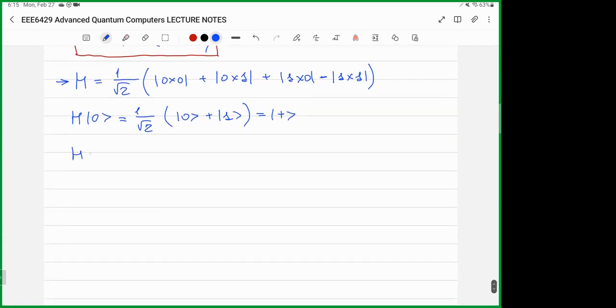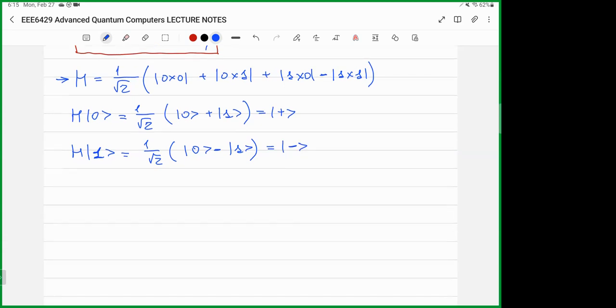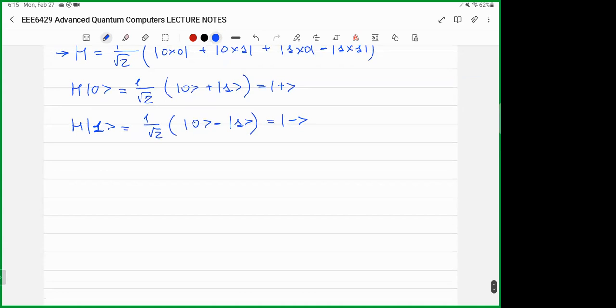And in the same way, the action of the Hadamard gate on a state 1 gives me 1 over square root of 2, (0 minus 1), right? Which is the state minus. So the action of the Hadamard gate on the 0 and 1 states basically creates a state of superposition.